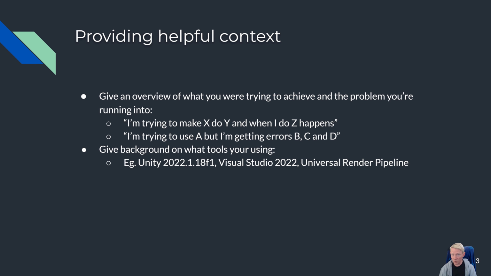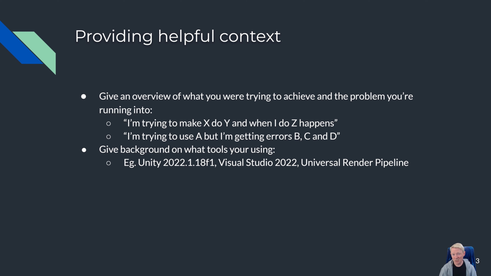These days with Unity, because we have 3 different render pipelines, it is useful to indicate what render pipeline you are using. In particular, if you are encountering a visual issue, where something is not looking the way it is intended to, then it's very important to include the pipeline.